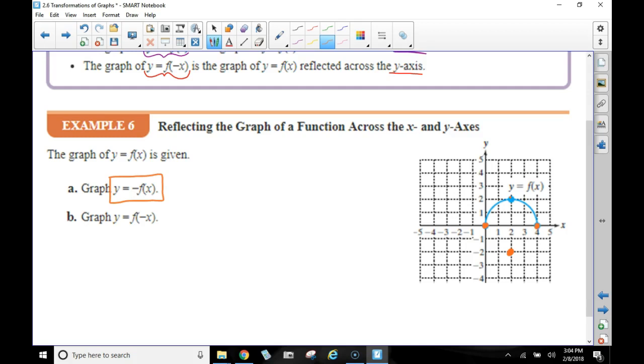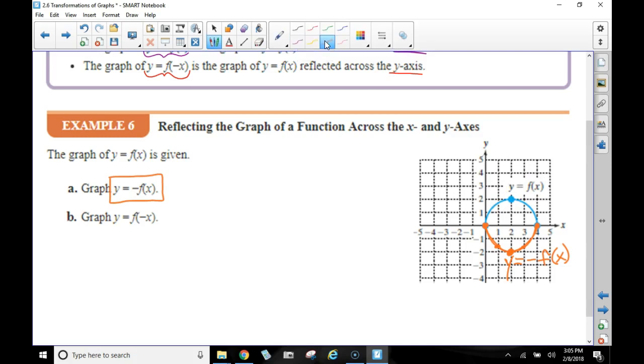But this one at 1, about 1.7 maybe, will now be at 1, -1.7-ish. And instead of 3, 1.7 or 1.8, it's now at 3, -1.7 or 1.8-ish. So what I'm sketching here in the orange is my graph of y equals the opposite of the blue function, with the reflection about the x-axis.